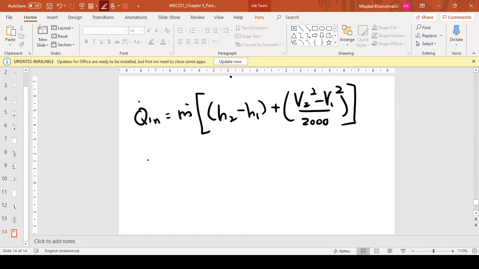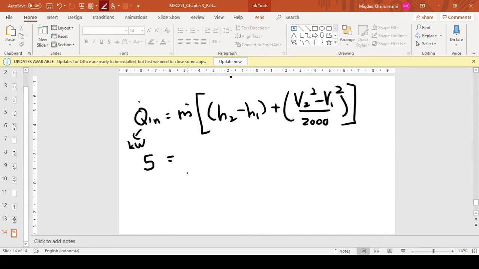For Q in, we only have to put in the value 5 here. Remember the unit is in kilowatts, so we don't have to write it as 5,000. We only write it as 5, because all the terms in the equation must be in kilowatts. So Q in here is only 5 kilowatts.